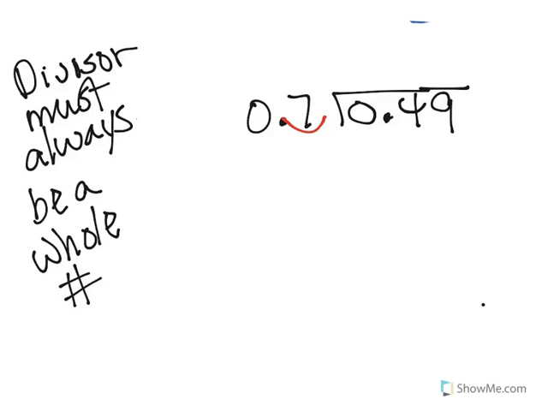In a division problem, whatever you do to the divisor, you do to the dividend. This problem now becomes this. Mr. Hewlett, look, I got rid of the decimal, but I still have a decimal in my dividend. That's absolutely fine. What I'm going to do is bring it straight up.